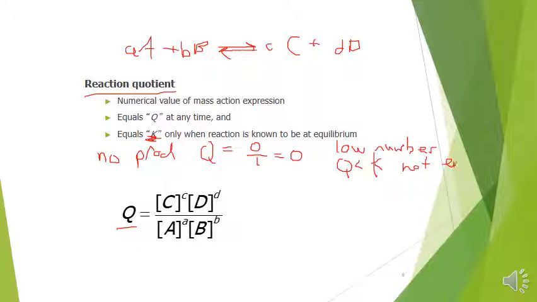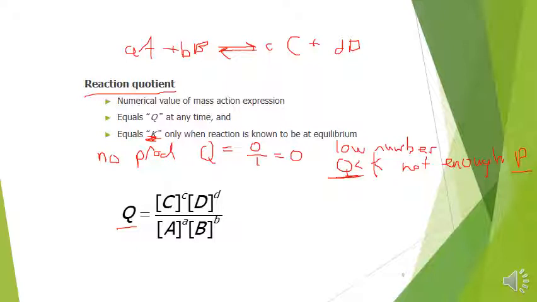We're going to go into this more, to reach equilibrium. So if you don't have a lot of product, Q is going to be less than K. And we're going to see the reaction is going to want to adjust Q to get to K, so it's going to make more product.